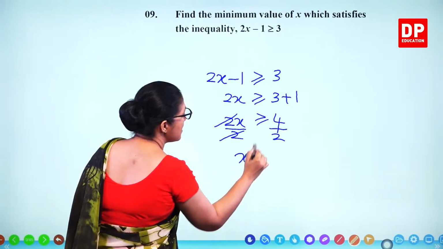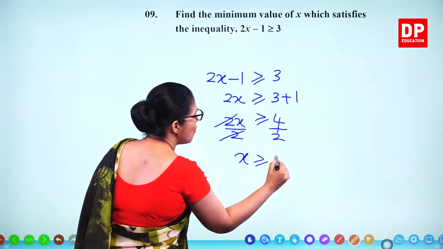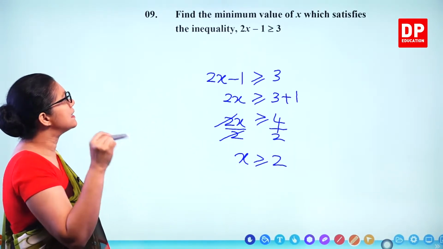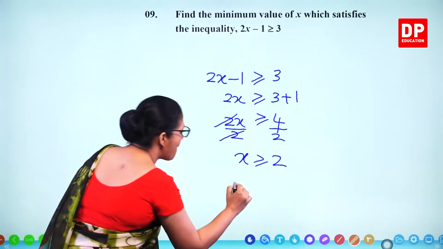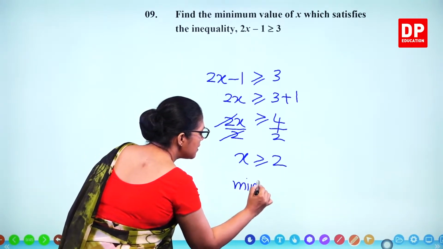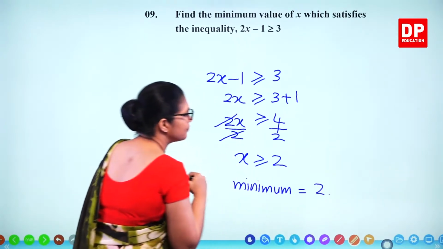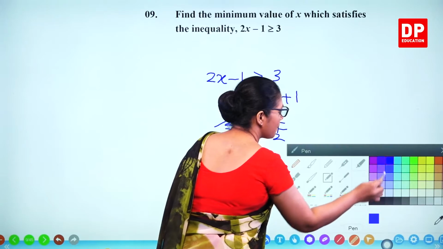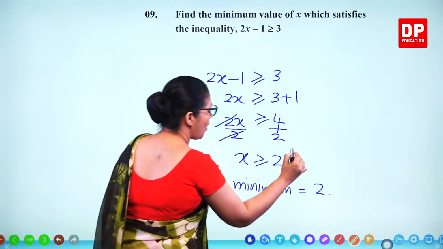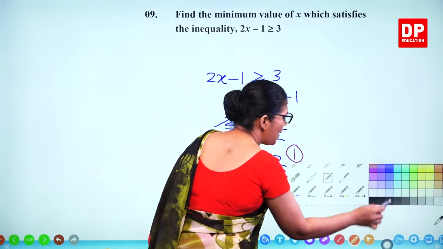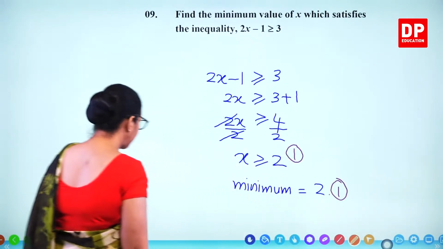So x is greater than or equal to 4 divided by 2, which is 2. So 2 or more. So what's the minimum value? Minimum value is 2. One mark for solving the inequality and 1 mark to identify the minimum value.